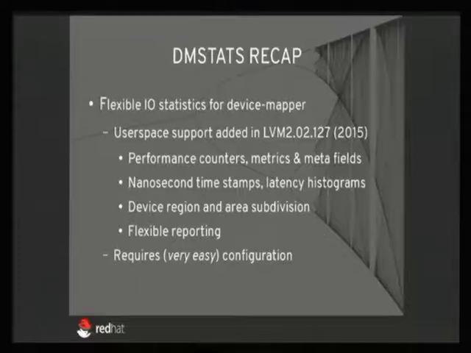So we get a bunch of performance counters from the kernel, just raw 64-bit values, basically. We then turn those into metrics, so we do rate conversion, unit conversion, other things that you don't want to do in the kernel, as well as metadata fields to help you understand what the information means.